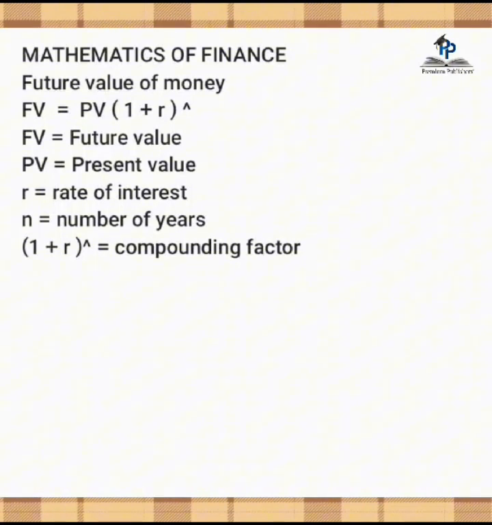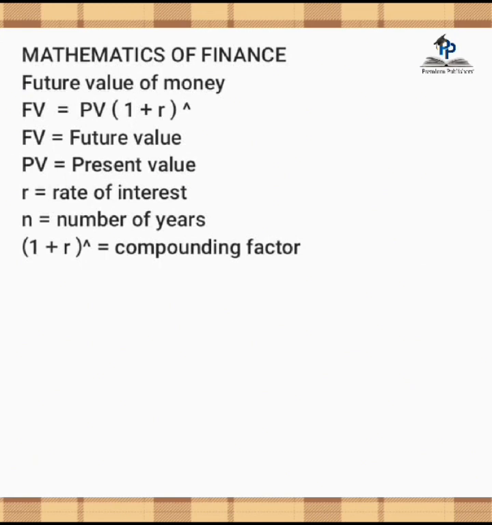You need to understand that when you are solving questions relating to future value of money, you are given the present value of money. When you are given the present value of money, you will compound that present value of money to give you the future value of money. You also need to understand that when we say we are compounding, we are simply saying that you are multiplying.